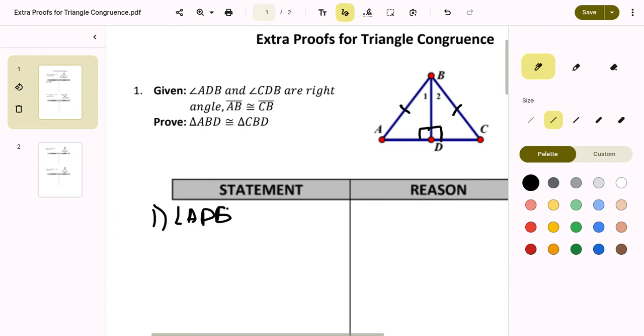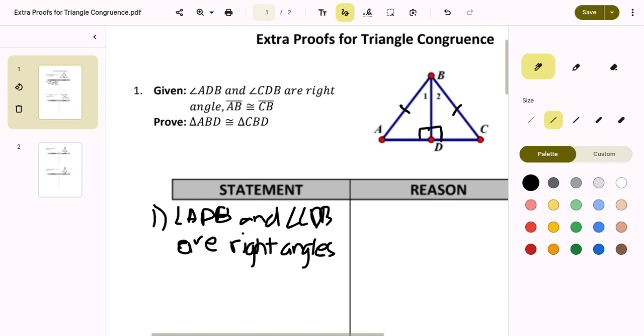So angle ADB and angle CDB are right angles. And we know that A to B is congruent to C to B. And our reason for that is given.